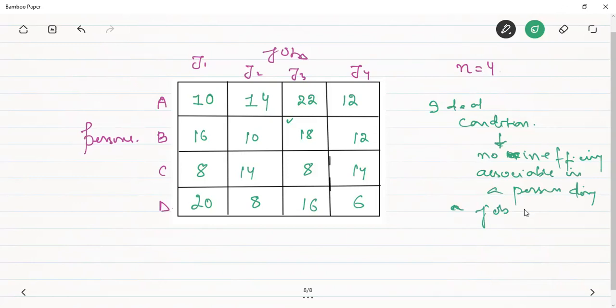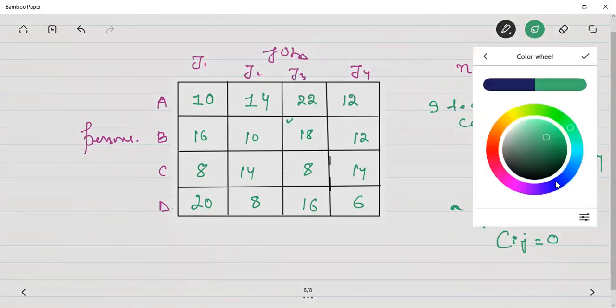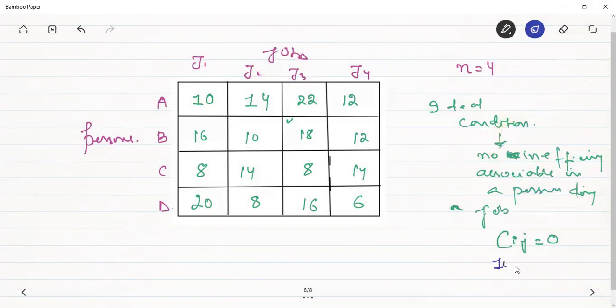What does that mean? Then we can say that Cij is equal to 0. This is the ideal condition, that the person doing the job has no inefficiency, or we can say it is the criterion of 100% efficiency. Inefficiency 0 means 100% efficiency. So this is the ideal condition which we are looking for.